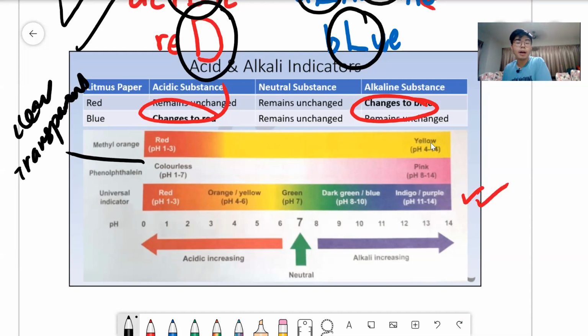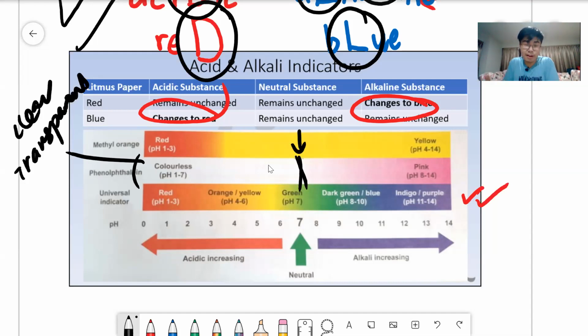So for phenolphthalein, pink color shows alkaline. Colorless shows you the acidic side. But of course, for this part here, it is quite useless, because with colorless, we are unable to differentiate. At pH 7, it already starts to become colorless.